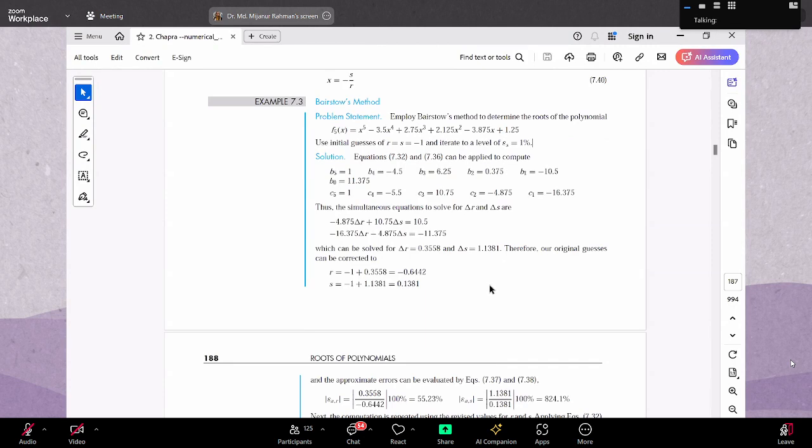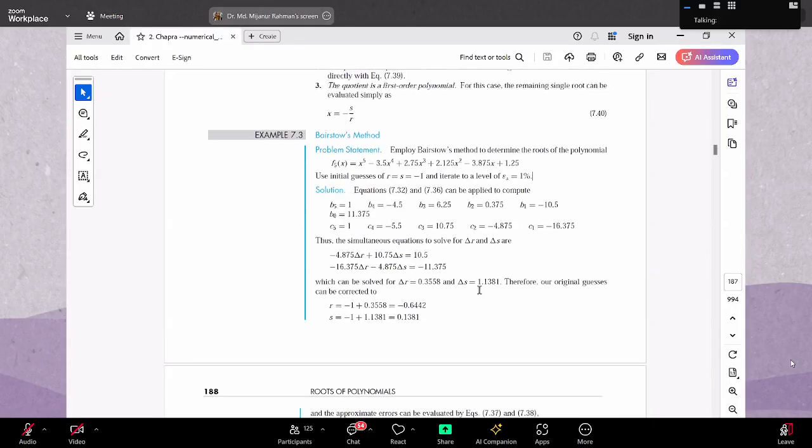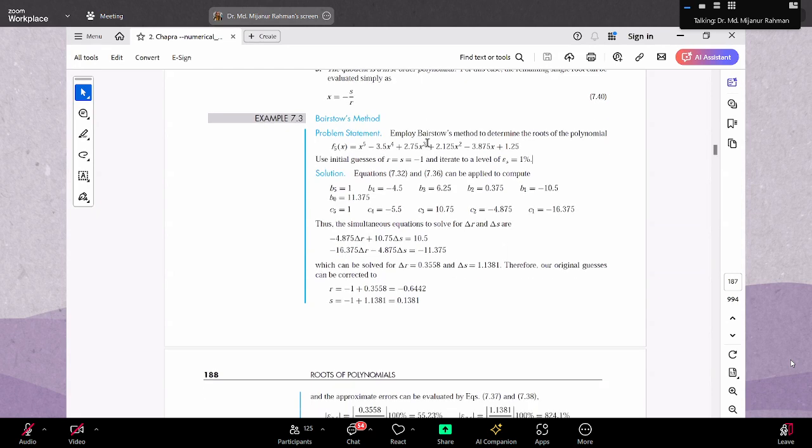Otherwise we cannot summarize. Another factor is we are solving this problem by hand, but nowadays, in practical cases, we will not solve by hand. Mostly we have to use a computer program for this.